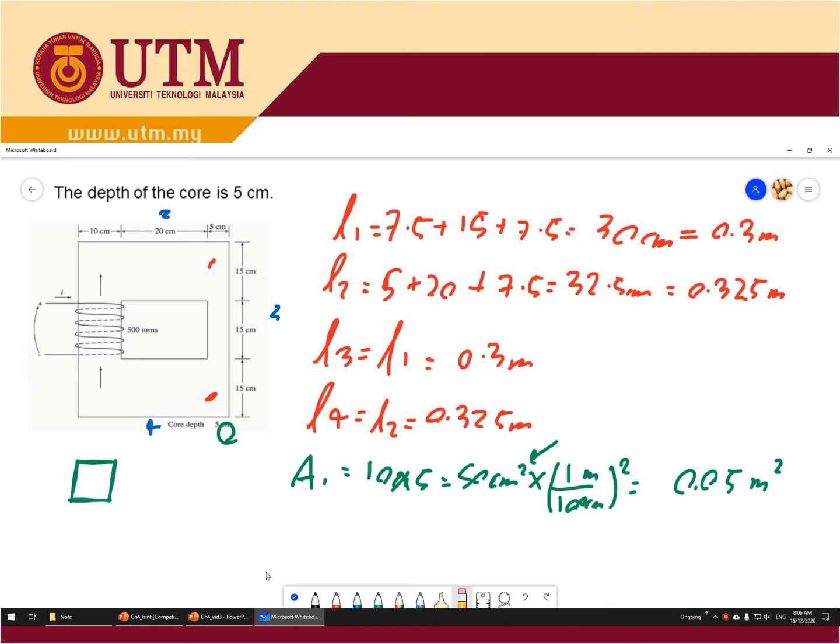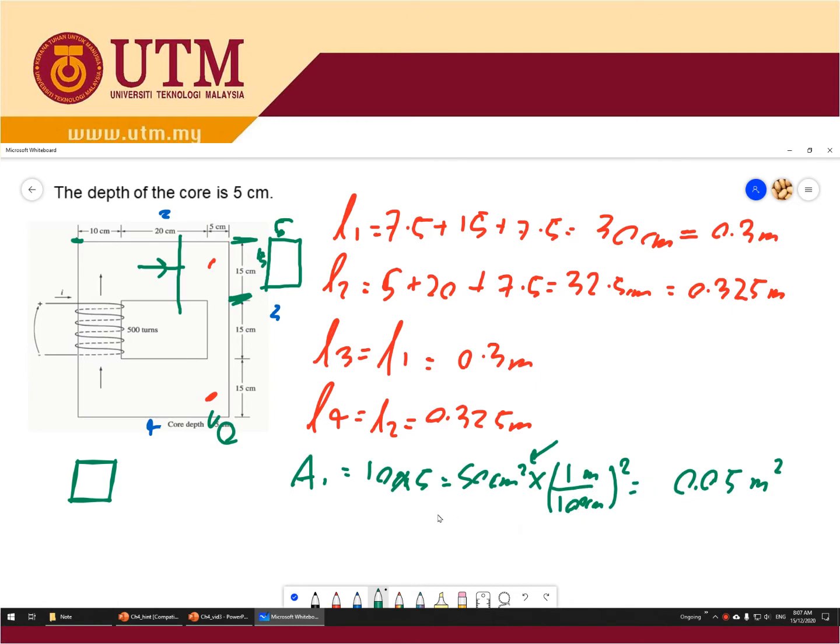Okay, so for area 2, you look at the width here, basically here to here, and the depth is, okay, because the flux is moving this way, so the cross section is this one. So this one is basically 15, and then the core depth is 5.